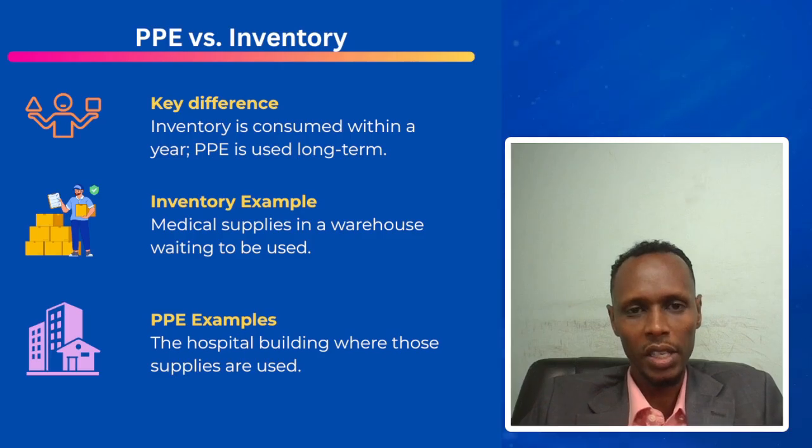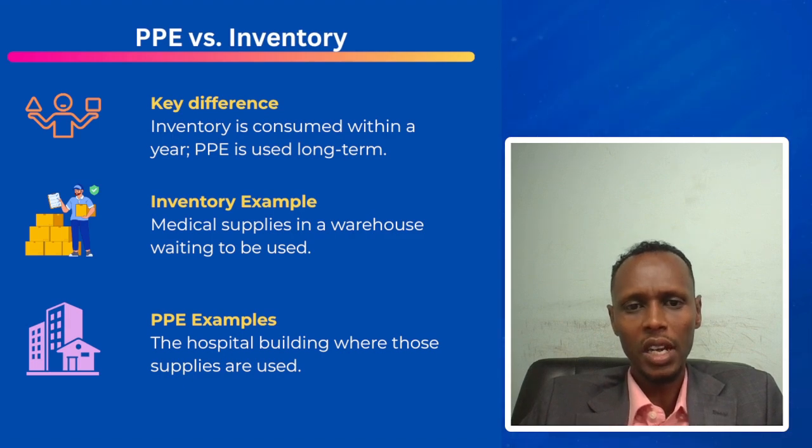Think of medical supplies in a government warehouse or the bitumen and culverts used for tin road repairs. They are meant for consumption. PPE, on the other hand, is the long-lasting asset that uses that inventory. It is the hospital building where the medical supplies are used, or the heavy machinery that lays down the bitumen. So, the simple difference is inventory is consumed while PPE is used again and again.